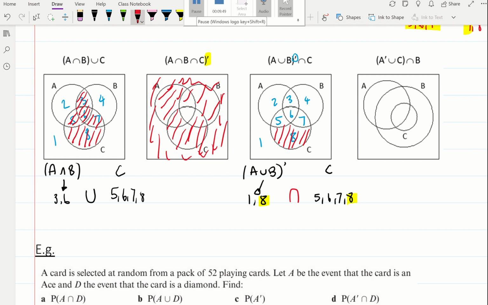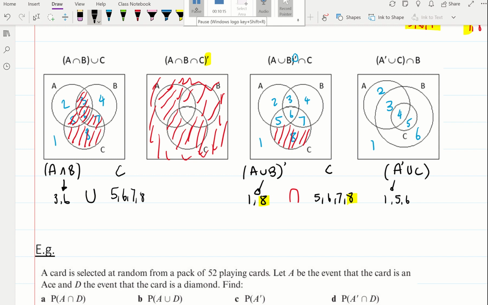And for the last one, I'm going to number 1, 2, 3, 4, 5, and 6. I'm going to deal with the bracket first. The union between the complement of A and C. Well, the complement of A, not A, is 1, 5, and 6.